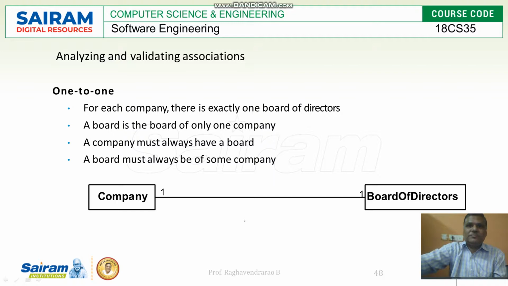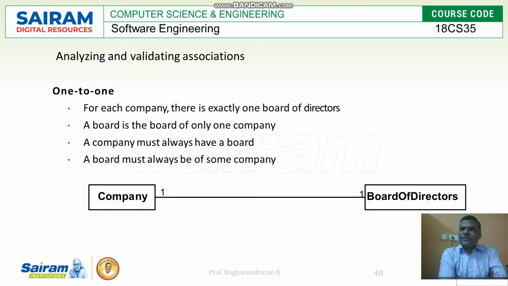One to one. One company is having one board of directors. The company has only one board of directors. It has been said in this: for each company there is exactly one board of directors. The board of directors belongs to only one company.